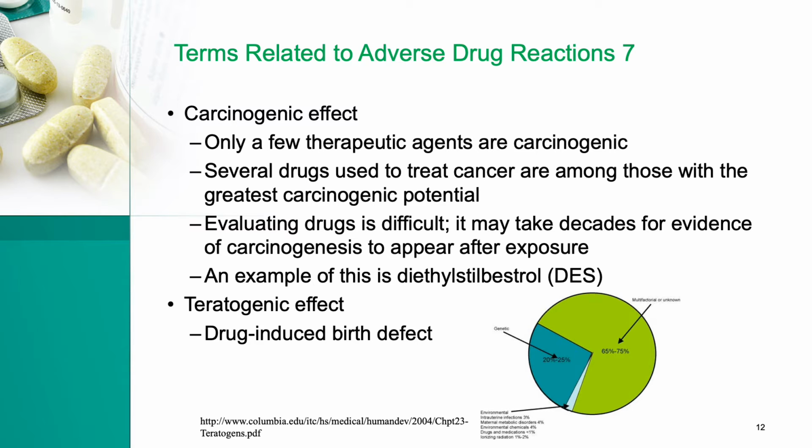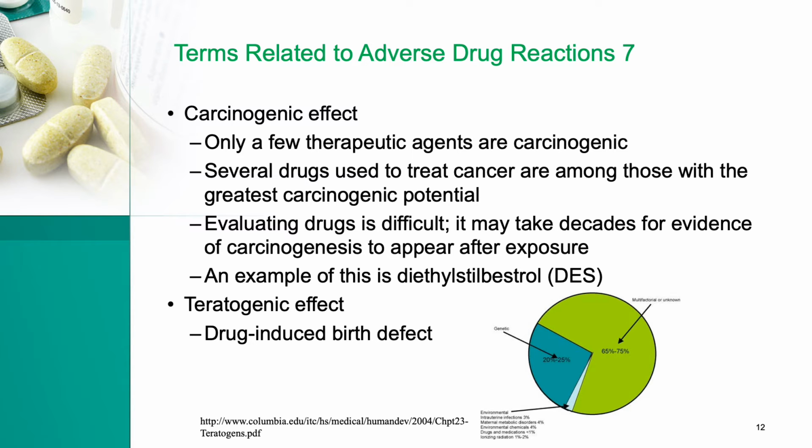DES was originally considered effective and safe for both the pregnant woman and the developing baby. In the United States, an estimated 5 to 10 million persons were exposed to DES between 1938 and 1971, including women who were prescribed DES while pregnant and the male and female children born of these pregnancies.